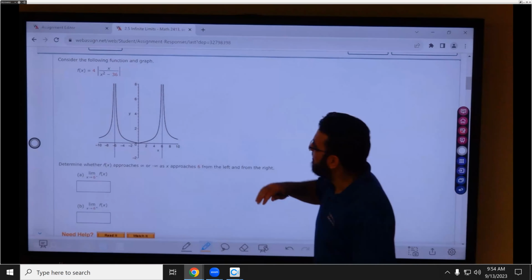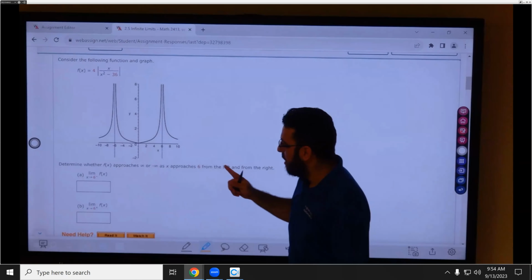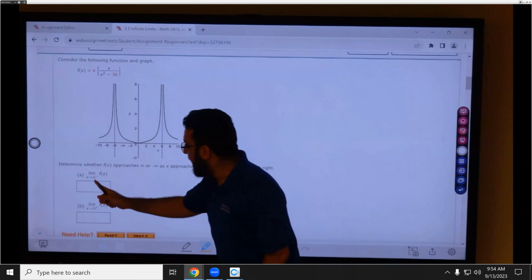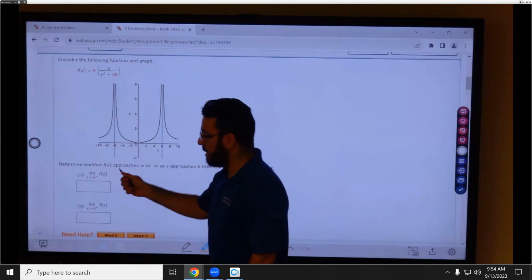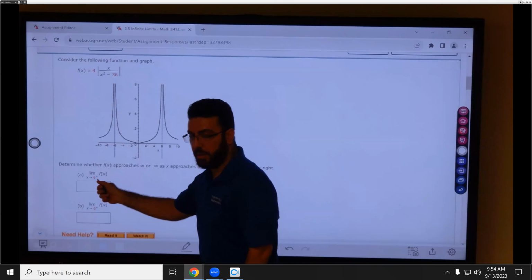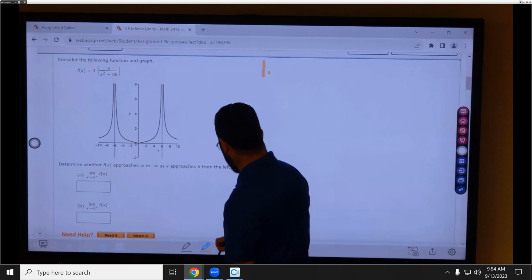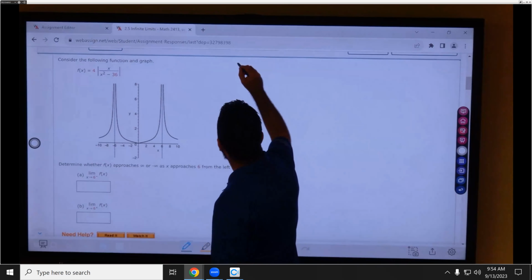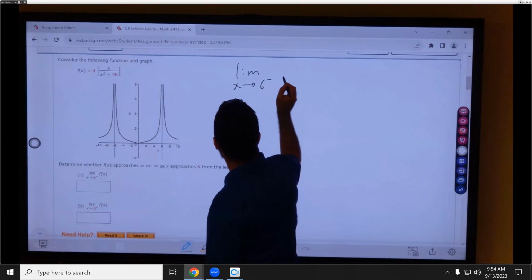Consider here's the graph. What they ask you: find the limit of the function when it approaches which number? To the 6 from the left side. So the limit when x approaches 6 from the left side, to the upper left.